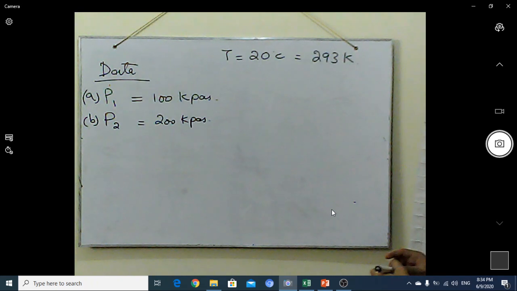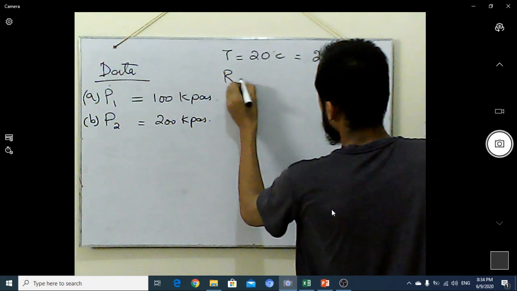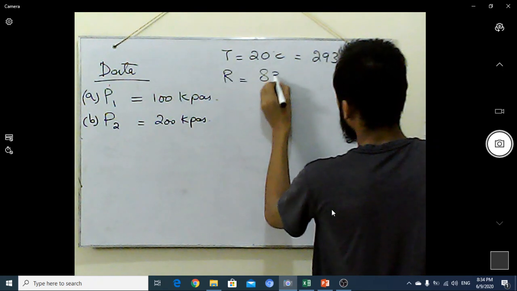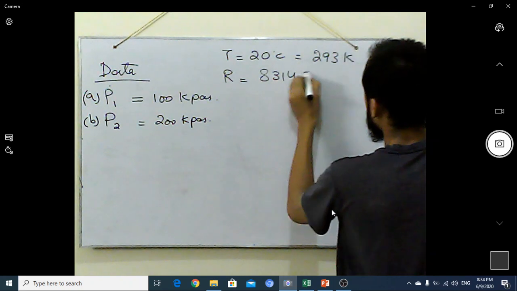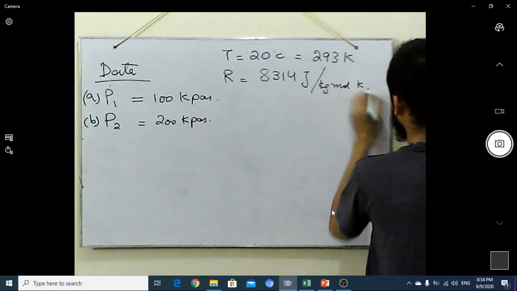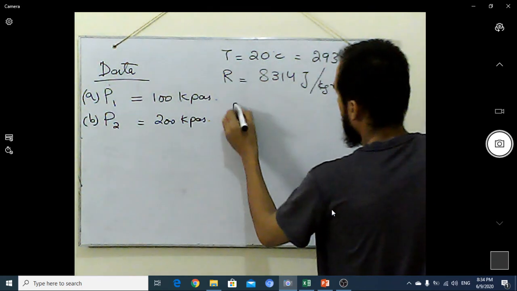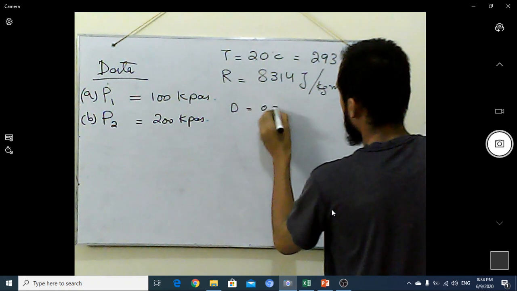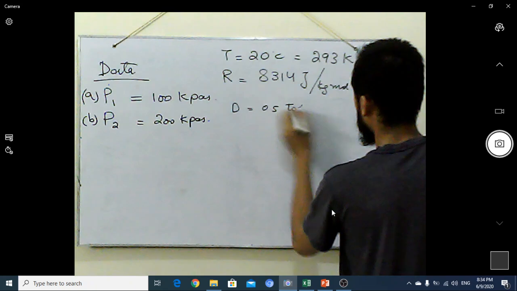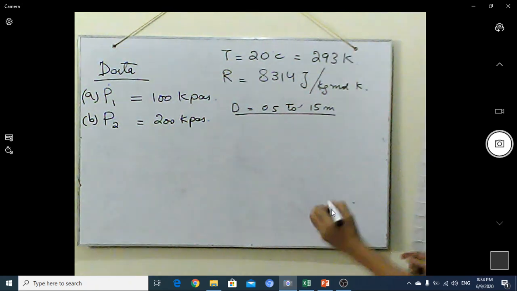And furthermore, what you are required to know is the value of R, which you will consider here as 8314 joules per kg mole Kelvin. And your diameter is ranging from 0.5 to 15 meters in diameter. Okay, let's see.